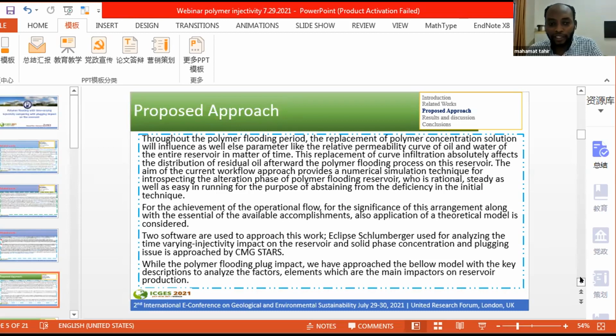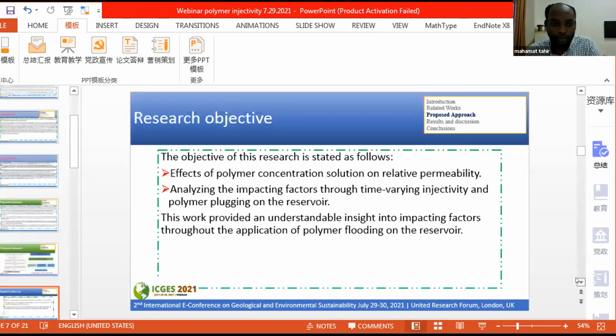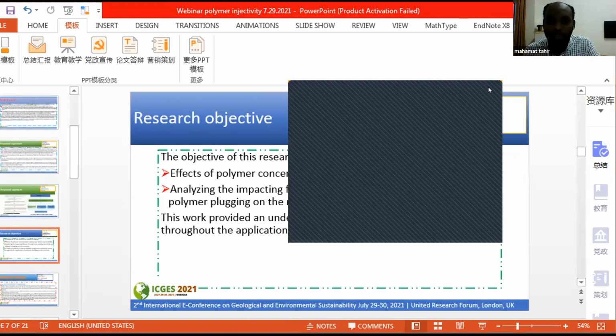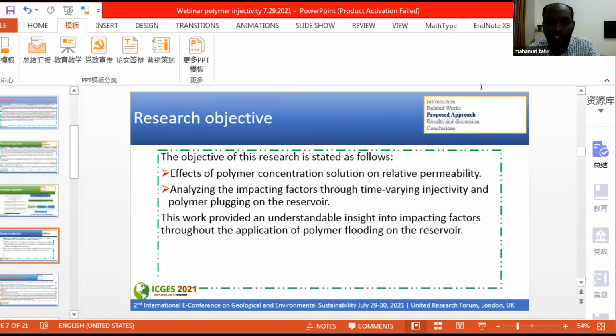For the polymer flooding impact, we have approached here below some of the key descriptions based on our workflow. In a basic way, the main objective is first to understand the effect of the polymer concentration on the relative permeability, as well as analyzing the impact factors through time-varying injectivity and plugging on the reservoir.